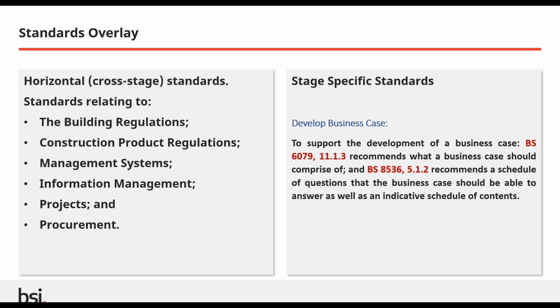In this instance, you look at something like BS 6079, which is all about project management principles. It recommends the content of a business case. And you look at other standards like BS 8536, design for operability, and it actually has a schedule of questions that you should be able to answer with your business case.